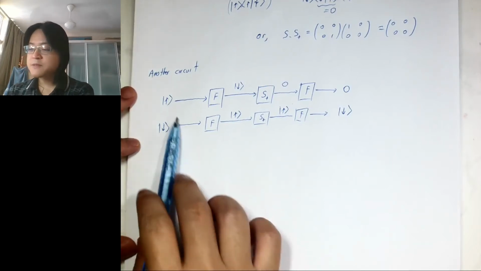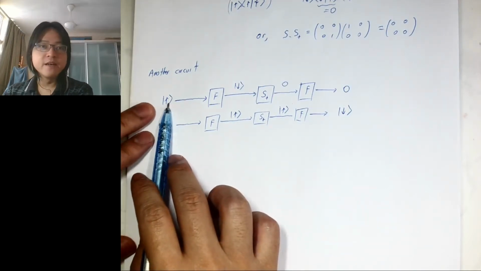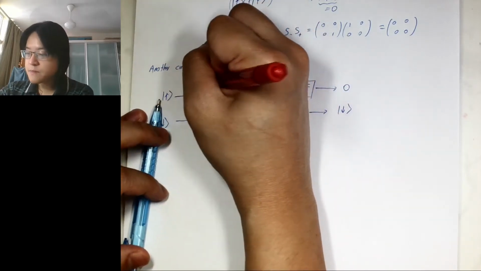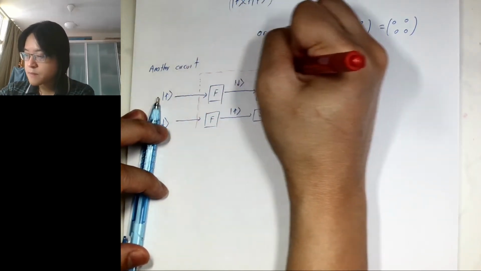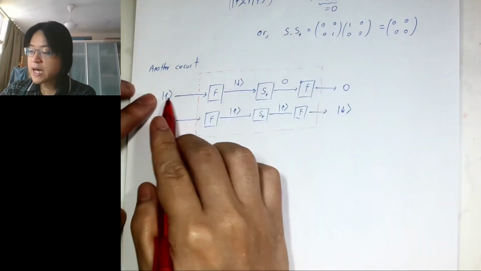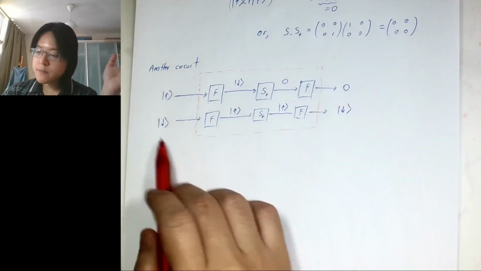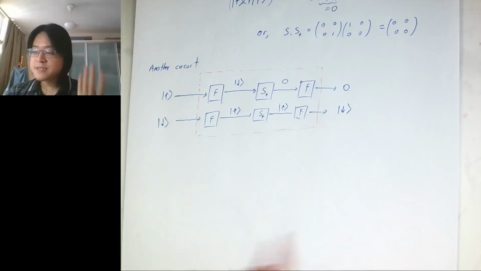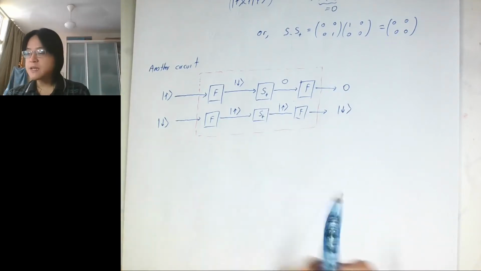So notice what is happening here. If you look at this as one overall device, the up state is gone, nothing, and the down state comes out as a down state. So this is equivalent to a down selector.